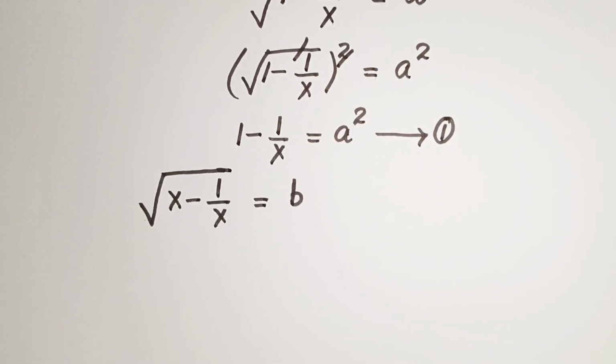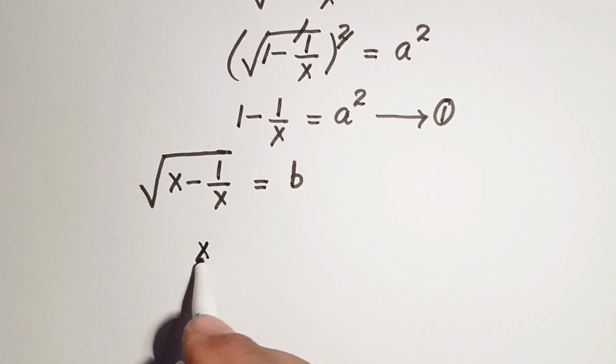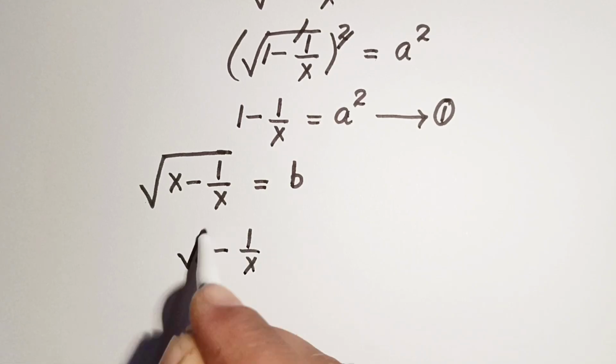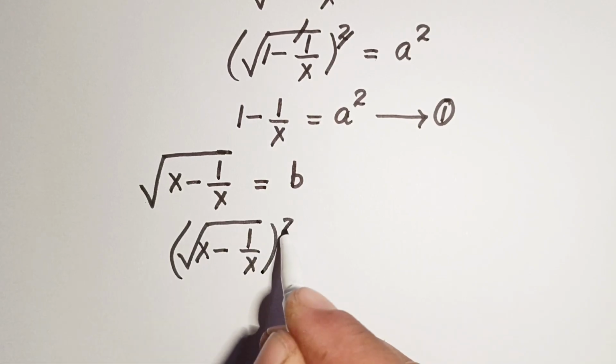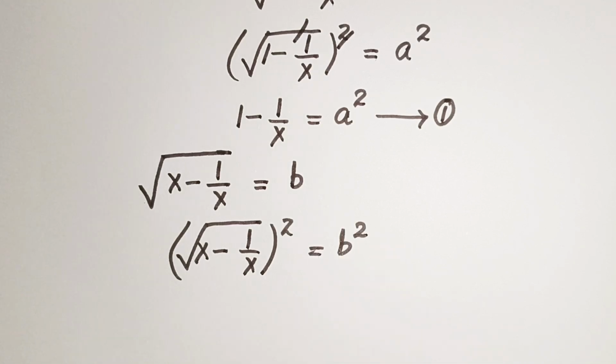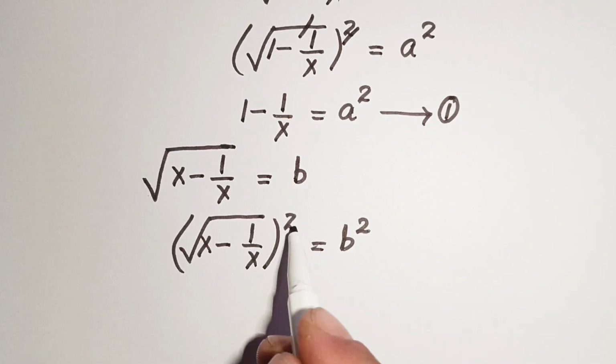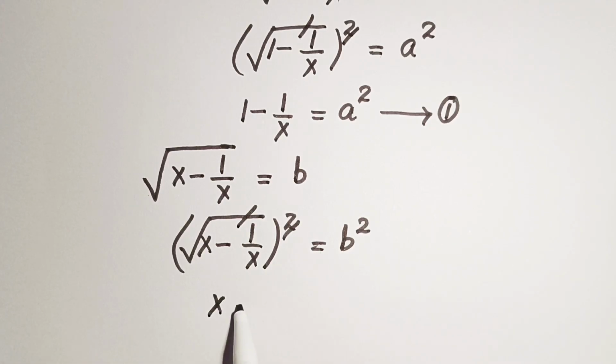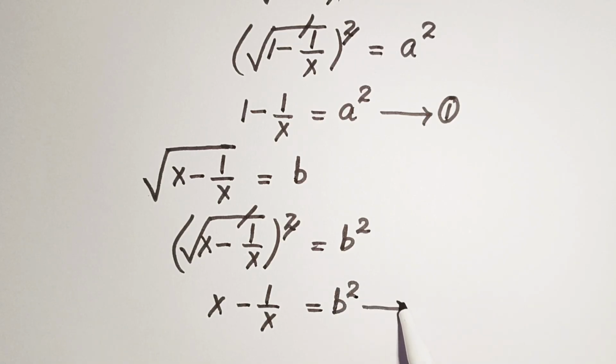Now if we take the square on both hand sides, then it will be the square root of x minus 1 over x, whole squared, is equal to b squared. Now cancelling the square with the square root, x minus 1 over x is equal to b squared. So let's say it is our equation number 2.